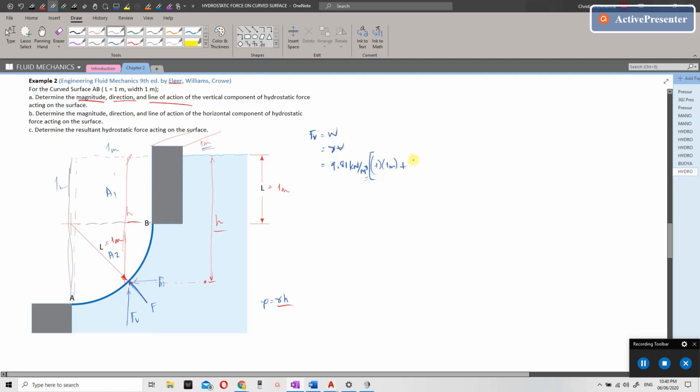The area of a circle is pi times radius squared, where our radius is 1 meter squared, but only 1/4, so over 4. Then our width of 1 meter to get the volume.